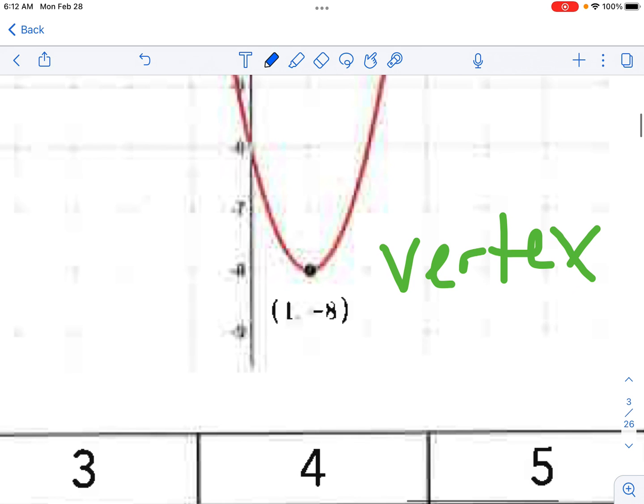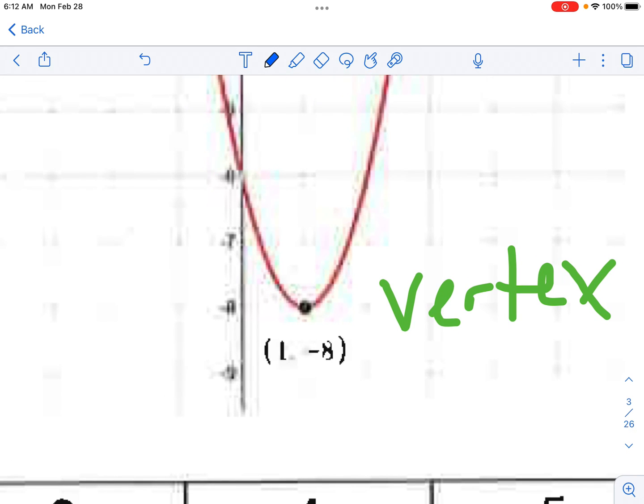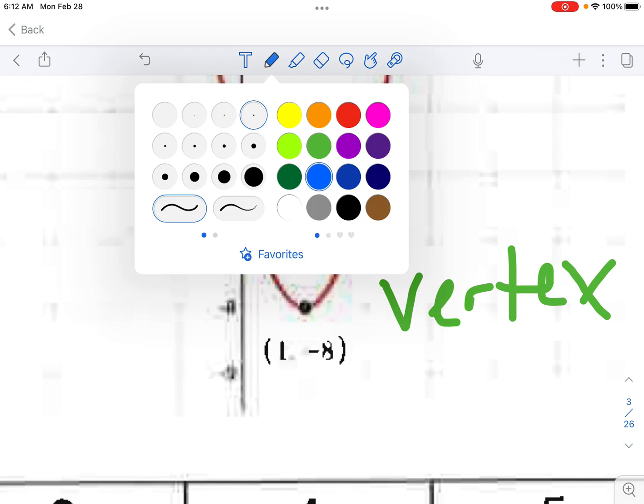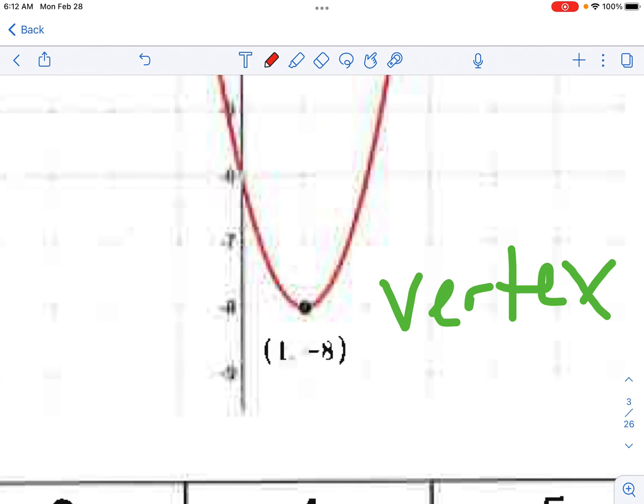So let's take a look here. We're going to zoom in, and the grid's not that good. We're going over one box, and it looks like we're going up 2.